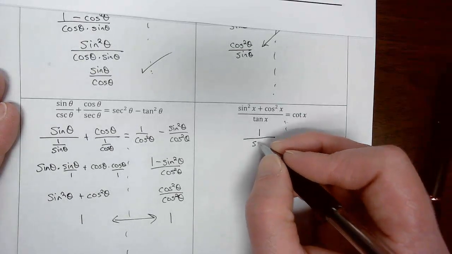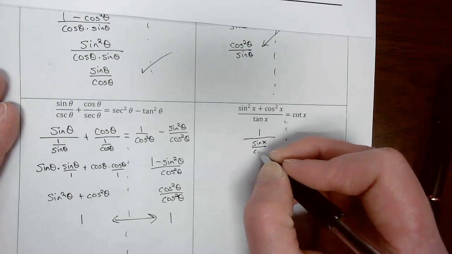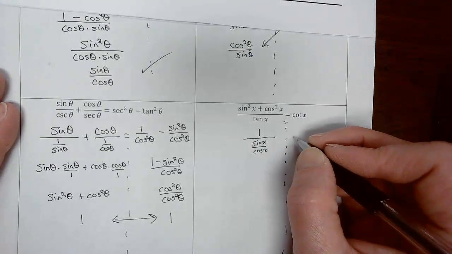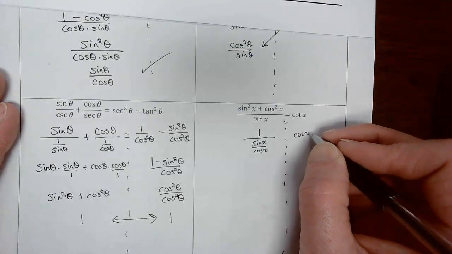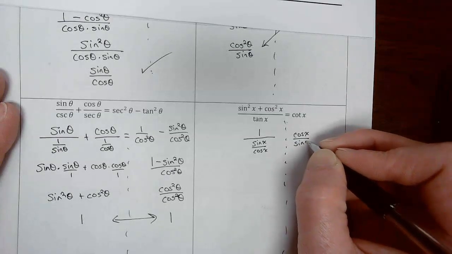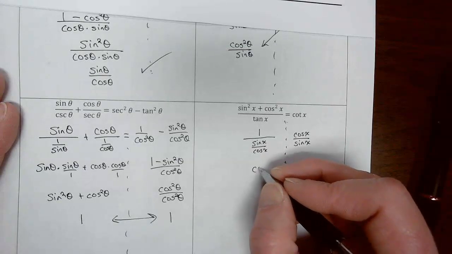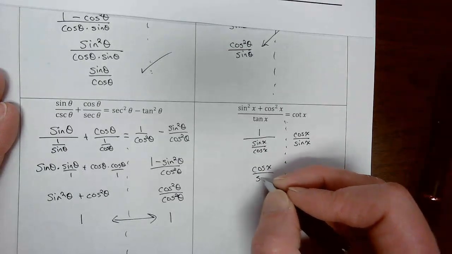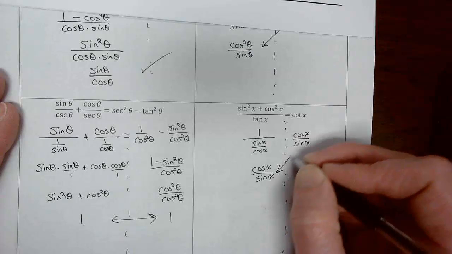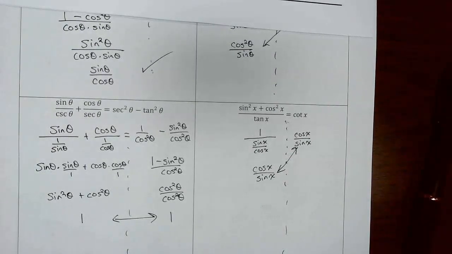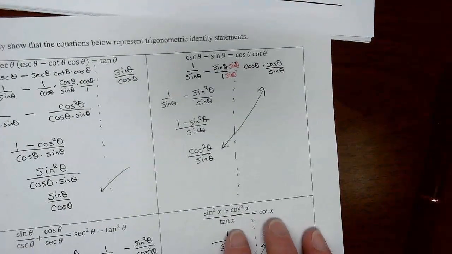So I have 1 over sine x over cosine x. Over here, I have cosine x over sine. So 1 times the reciprocal, cosine x over sine x, and they match. So I actually find these easier because you know where you're trying to get to.